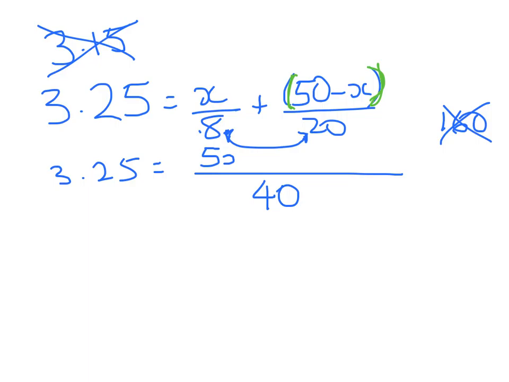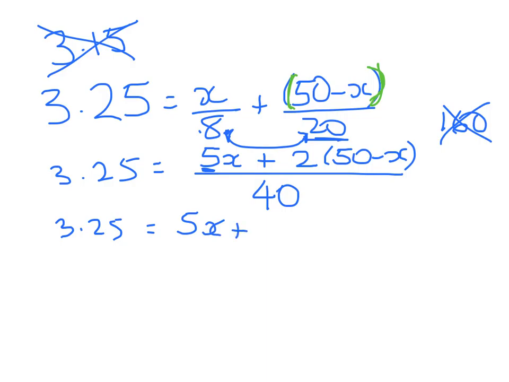So we multiply numerator and denominator by 5, so 5x. 20 times what gives me 40? 20 times 2. So it's 2 times 50 minus x. So now I get 3.25 equals 5x plus 100 minus 2x over 40.